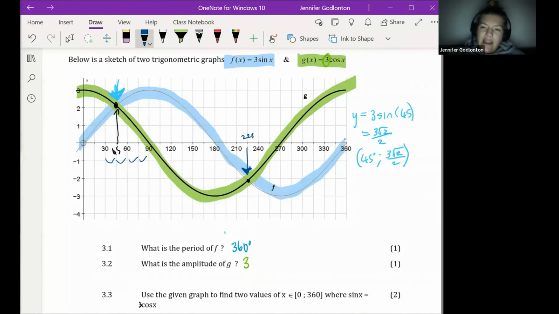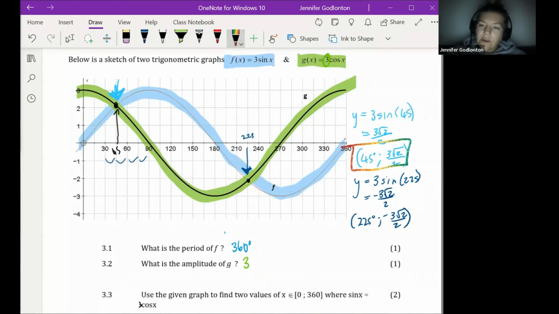Okay, so I care now about what would be my value at 225 degrees. And so we're going to say, what would be 3 times sine, and then in brackets 225, close off that bracket, and we would get negative 3 root 2 over 2. So 225 degrees and negative 3 root 2 over 2. And those would be my points of intersection.